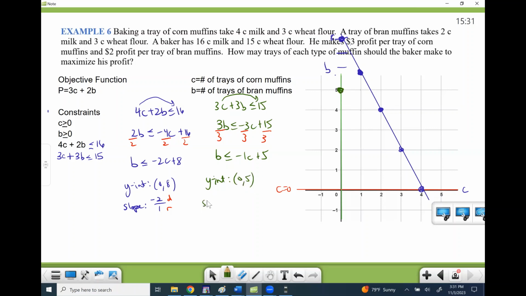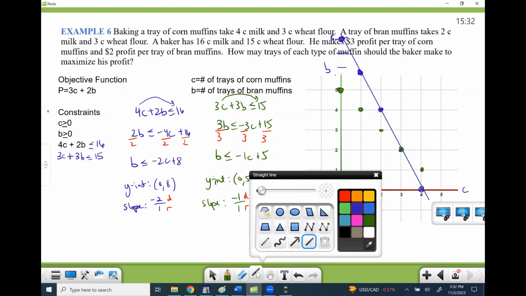And then our slope is going to be -1/1. So again, it looks like we're moving down and to the right. So we're going to go ahead and go down 1, right 1, down 1, right 1, down 1, right 1, etc. And we'll go ahead and graph that line.